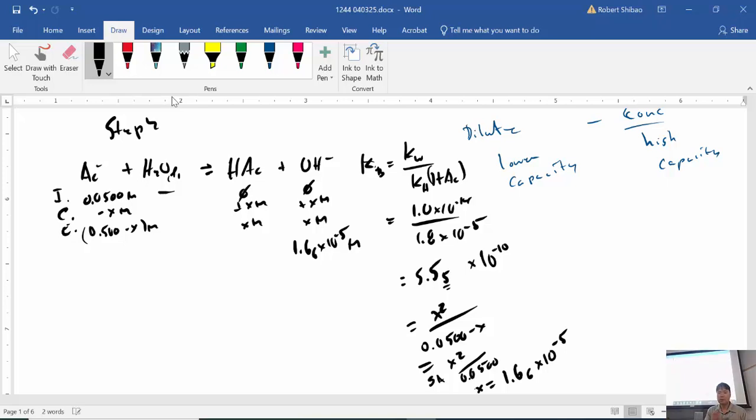Let me redo that calculation here. I'll carry some extra 5s because it just kept going. Times 0.05. And then take the square root of that.